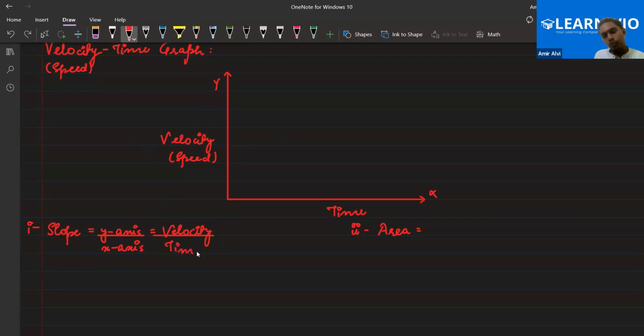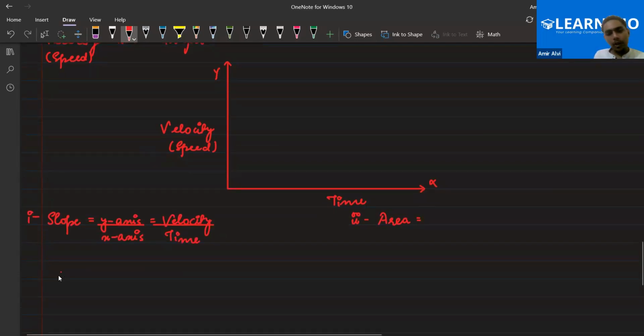Everyone, please let me know what is the ratio, what is it signifying right now? Slope: velocity by time is what? Hello? What is velocity by time? Sarah, Ayan, and Farhan, what is velocity by time? Answer me in the chat, everyone. Please let me know once.